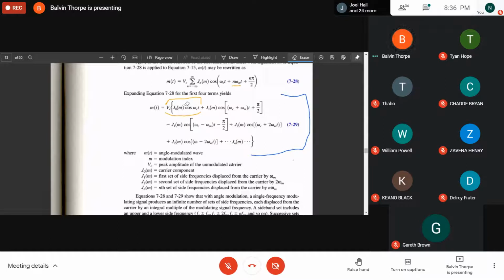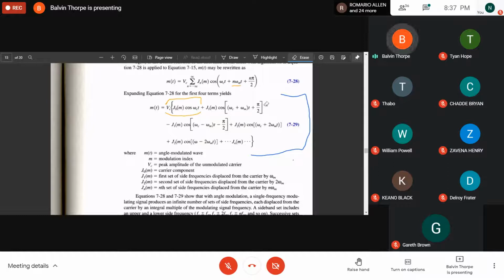We're going to have the 0 term plus, putting 1 inside here, J1 of m, which is your modulation index, cos of omega ct plus, what is n again? 1, right? So 1 times omega m t plus n is 1, so this is going to leave you with only pi over 2, right?